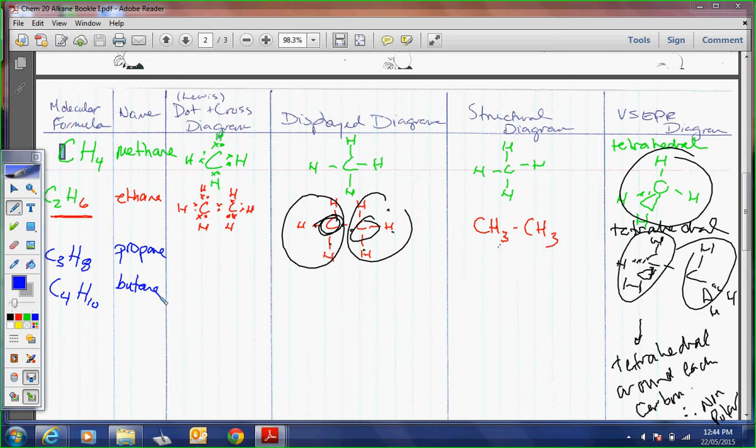They have butane in them. And C5H12, which is pentane. Okay, so do your dot and cross diagram, your display diagram, and try your structural diagrams for those three. I'll pause the video, and then we can do those ones.